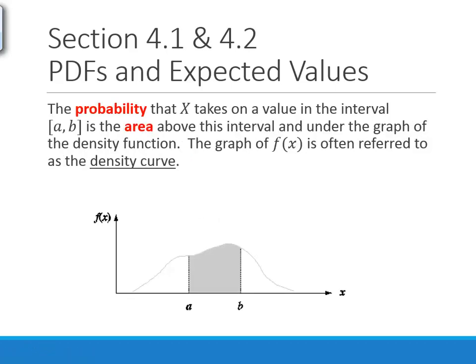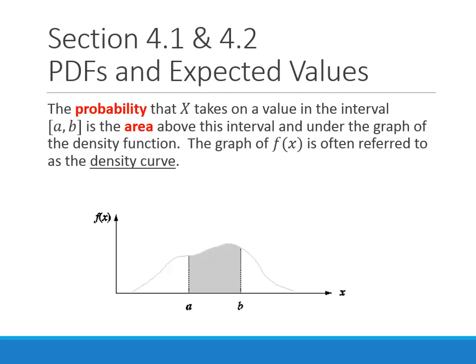To motivate this, there's a little picture in your notes. We've all had calculus, so we know what the interpretation of the integral is: it calculates the area under the curve between those two points, between A and B. This introduces the correspondence between probability and area.